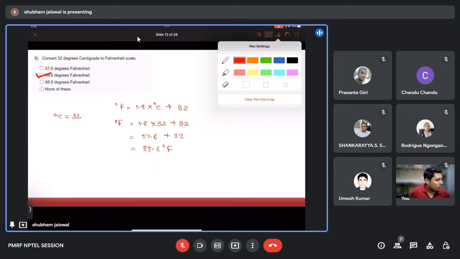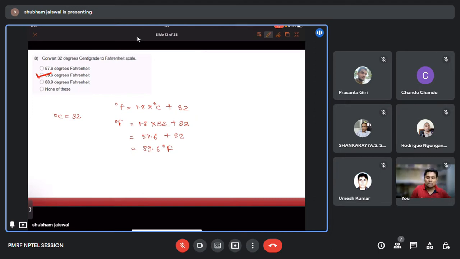As many of you have joined late, I will write down all the formulas, that is, the relation between the different scales. First is Fahrenheit, sorry, it's plus. The second one is degrees Celsius equals Fahrenheit minus 32 divided by 1.8.